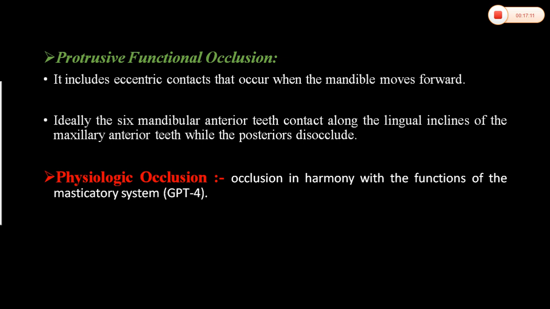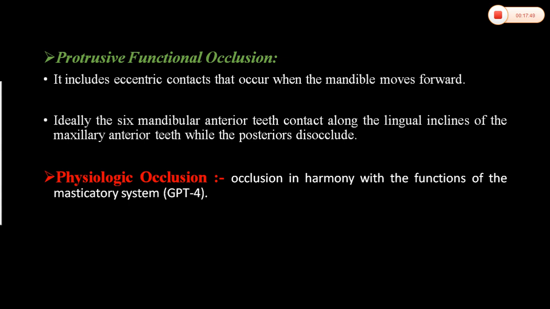Ideally, the six mandibular anterior teeth contact along the lingual inclines of the maxillary anterior teeth, while posterior teeth disocclude. See here, during protrusion, only the lower six anteriors will contact the upper six anteriors. Posteriors will be disoccluded. This is known as protrusive functional occlusion.